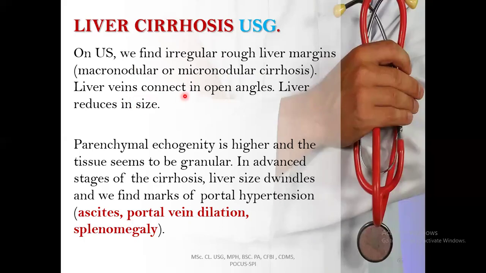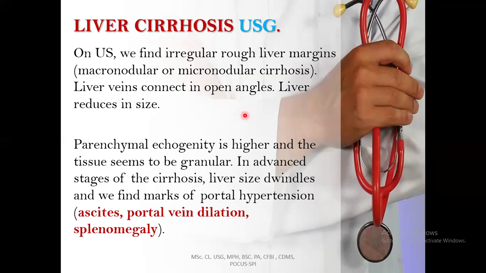The veins in the liver connect in open angles. The liver reduces in size due to the pressure, because there is obstruction in the intrahepatic portal veins. So the segments proximal to it are dilated. That's why we are saying that the liver veins connect in open angles.